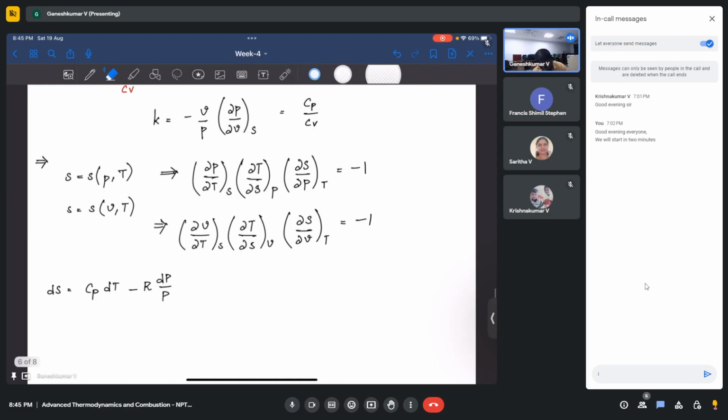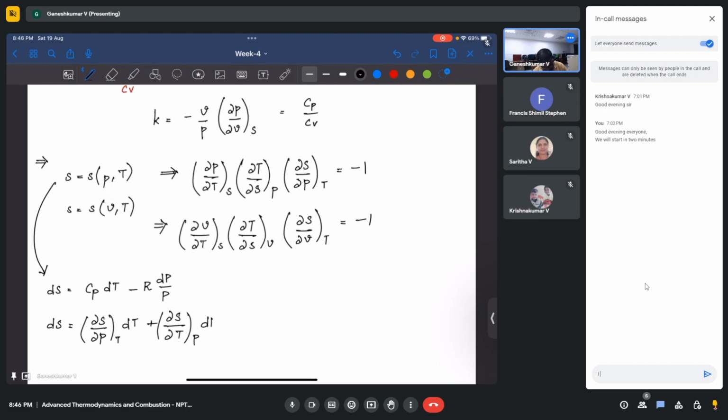Then this relation you can also write as ∂S/∂T at constant P dT plus ∂S/∂P at constant T dP. You can write it like this, right? So if that is the case, then Cp is equal to T times ∂S/∂T at constant P.